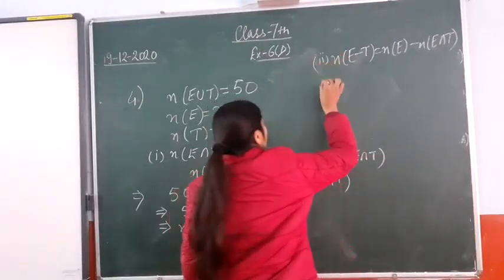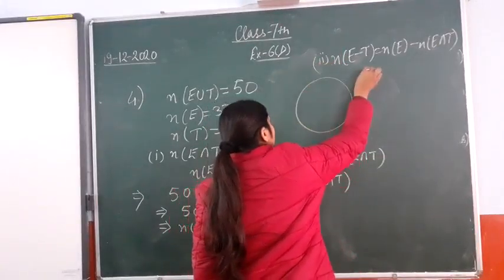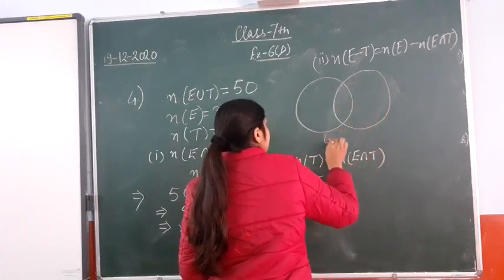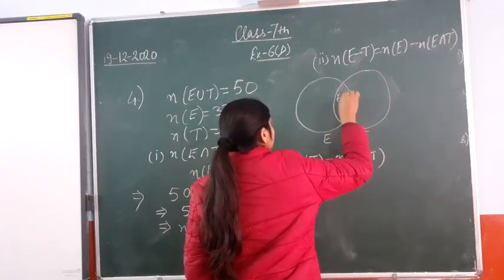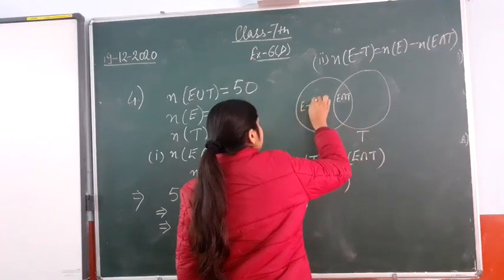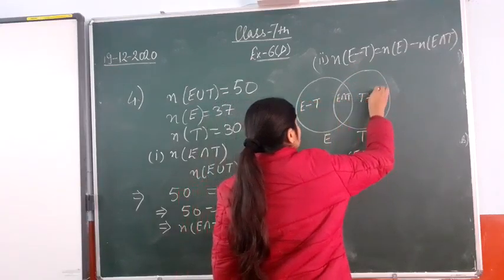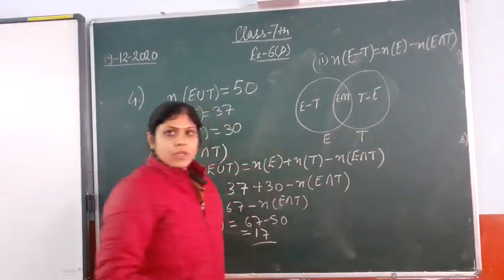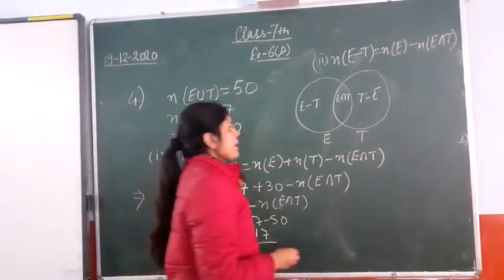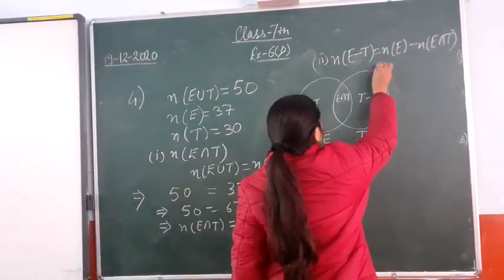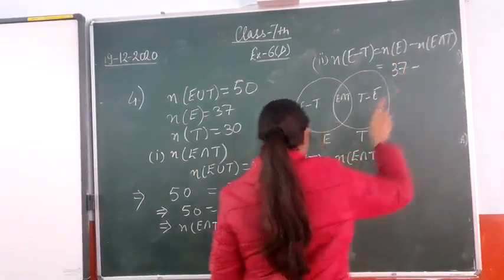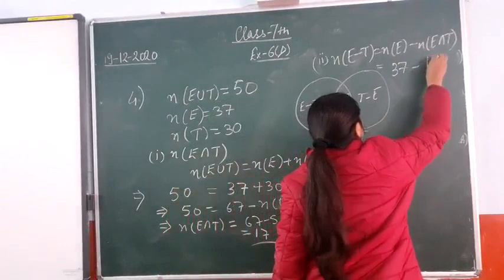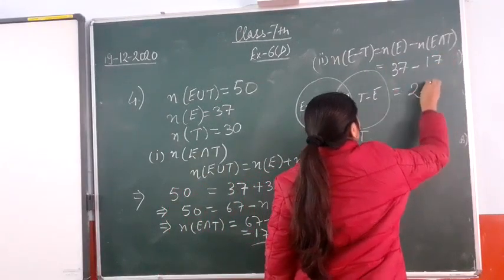If this represents English and this represents Tamil, this represents the intersection, this represents only English and this represents only Tamil. Okay? n(E minus T) you have to take out. So put the value. n(E) is equal to how much? 37. And this value you got from here. So 37 minus 17. What will come? 20.